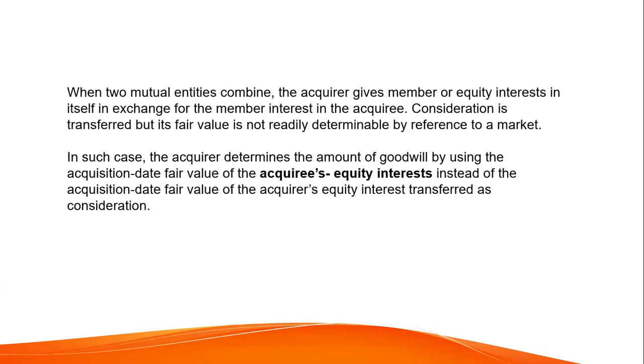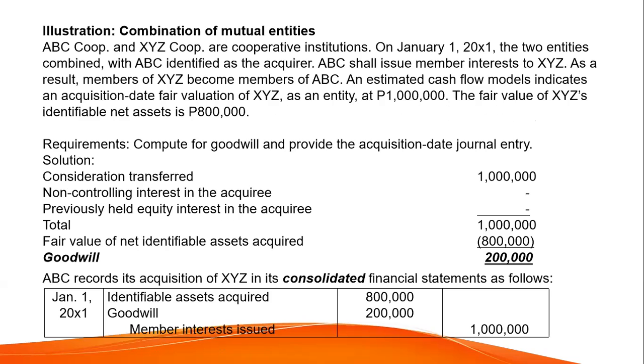In such case, the acquirer determines the amount of goodwill by using the acquisition date fair value of the acquiree's equity interest instead of the acquisition date fair value of the acquirer's equity interest transferred as consideration.